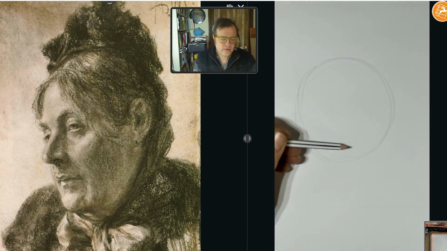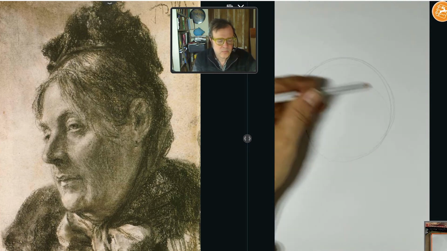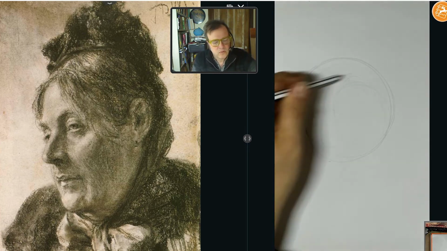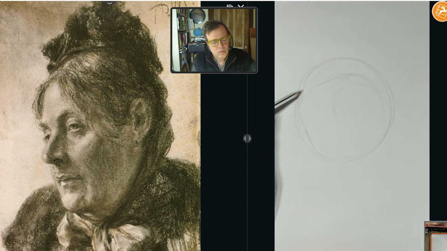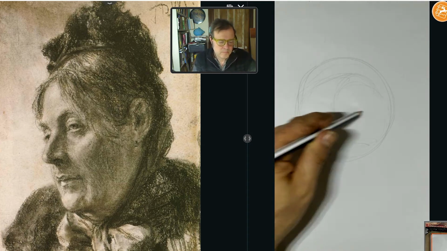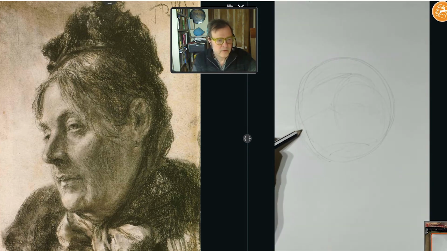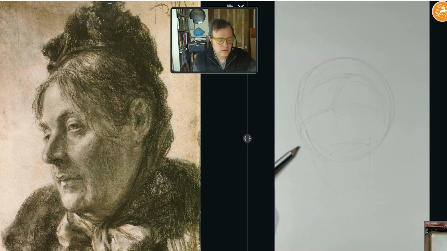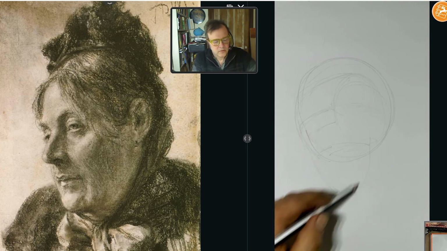So if we start with the Loomis head, we're going to think about her hairline being way up here, bottom of her nose, the brow line, the eye line, and the jaw.